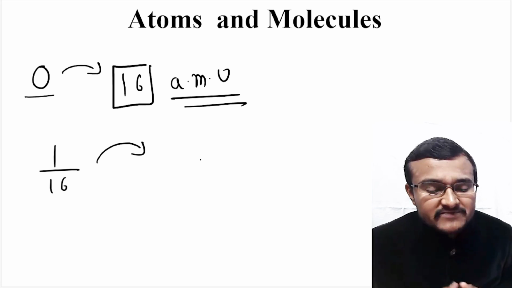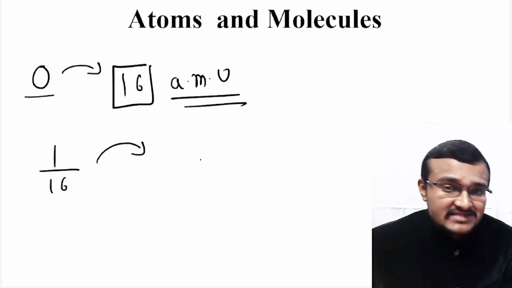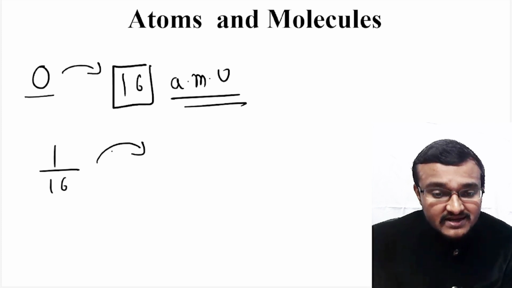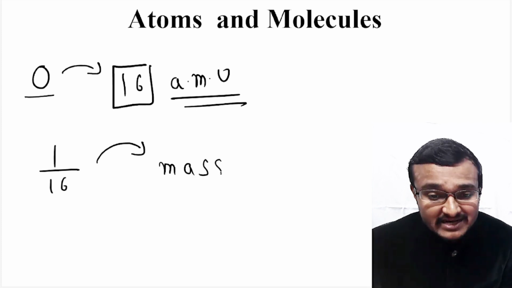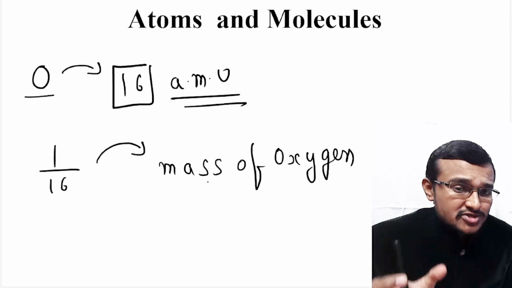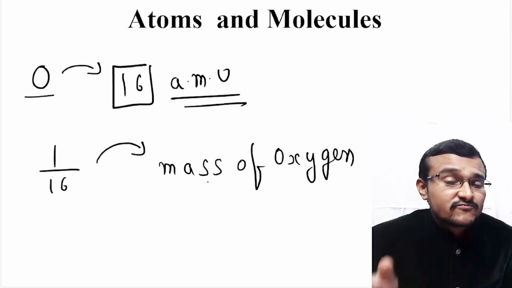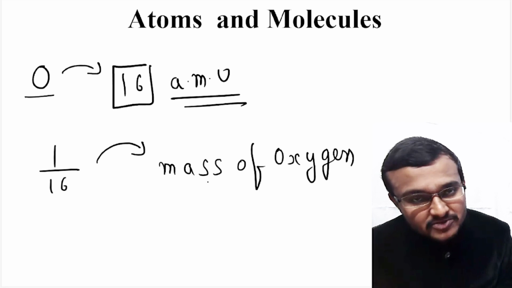One problem with oxygen was that when we took 1/16th mass of oxygen as the measurement scale to measure atomic mass of different elements, it was not giving whole numbers for most of the elements in the periodic table.